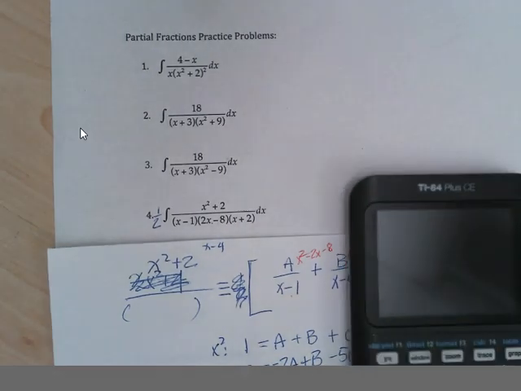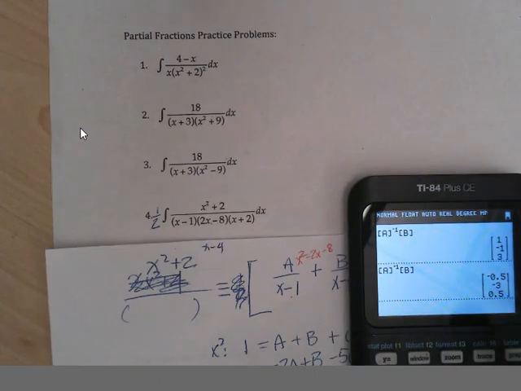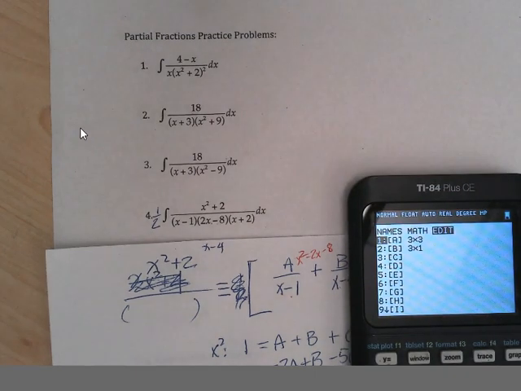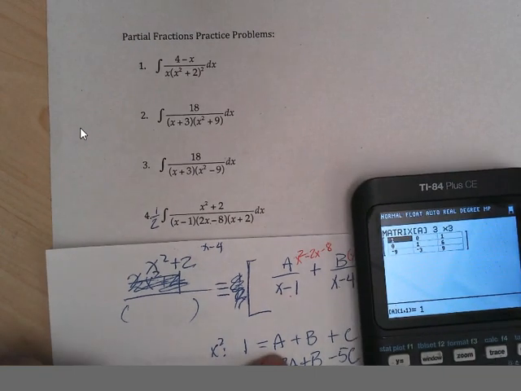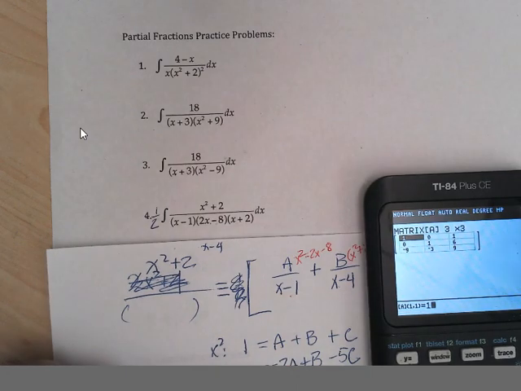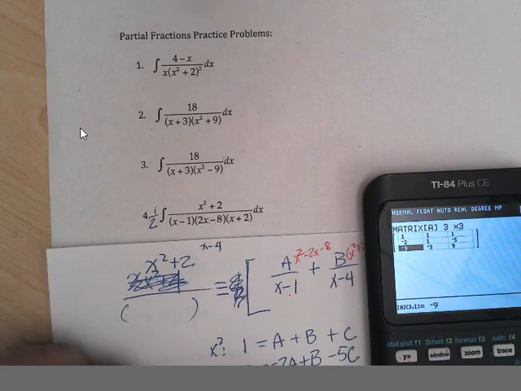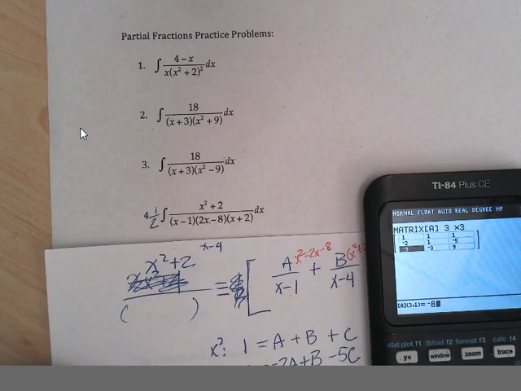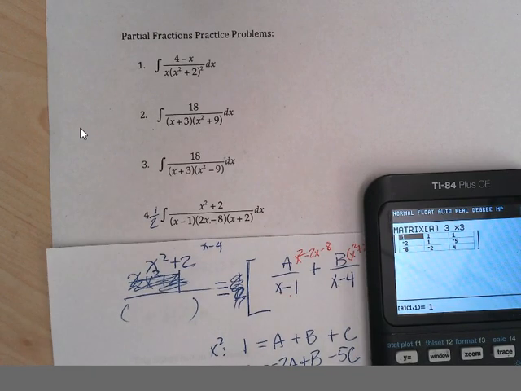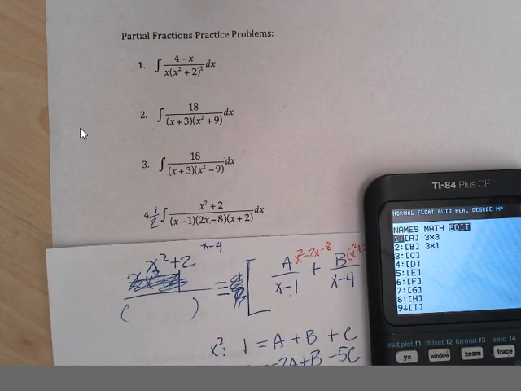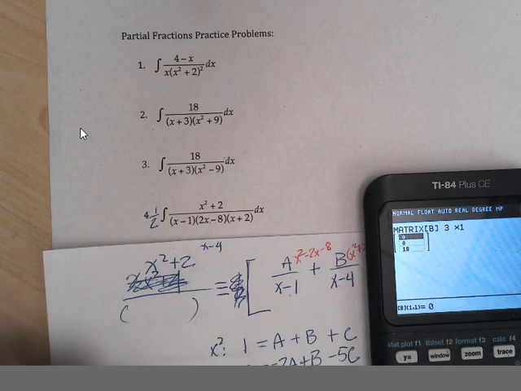Going to the matrices. Second matrix, edit A, 3 by 3: 1, 1, 1, negative 2, 1, negative 5, negative 8, negative 2, 4, and the constants, edit B: 1, 0, 2.